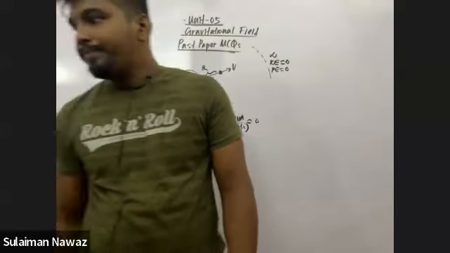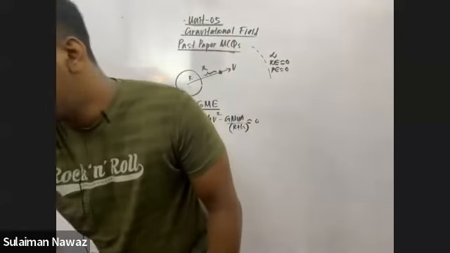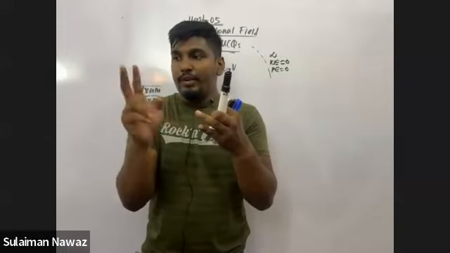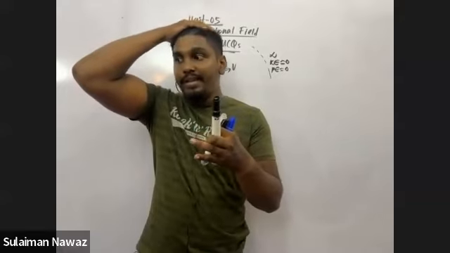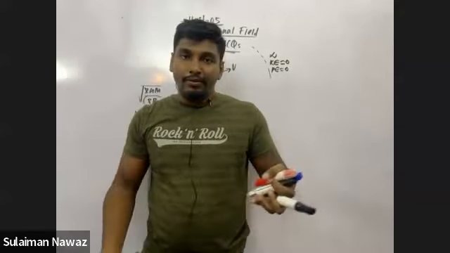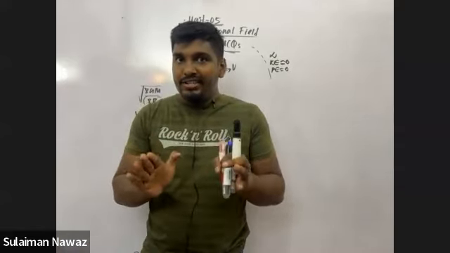2012. So let's check the 2012 A levels. It says that if the distance between two masses is doubled, the gravitational force between them will be decreased by a factor of... Newton's law of gravitation. What is Newton's law of gravitation?